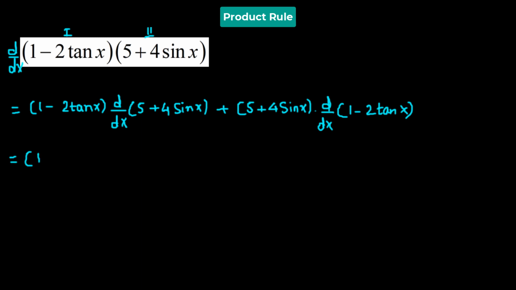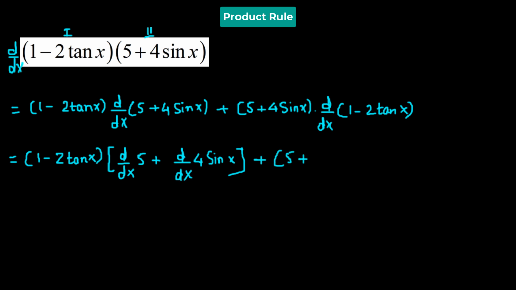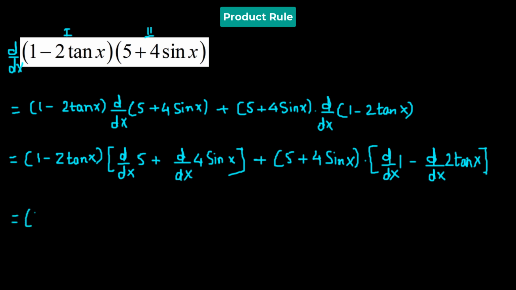So that will be equal to 1 minus 2 tan x. Now we apply the derivative to each of the terms. So we have the derivative of 5 with respect to x plus the derivative of 4 sine x, plus 5 plus 4 sine x multiplied to the derivative of 1 minus the derivative of 2 tan x.